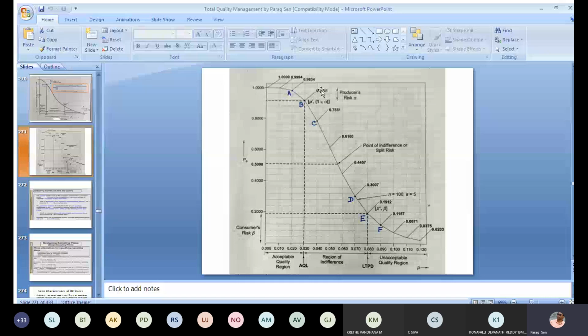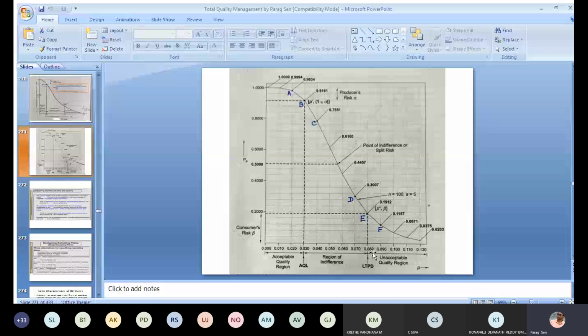That means more than 10% risk the producer will not take. In this way, these 2 points are determined.